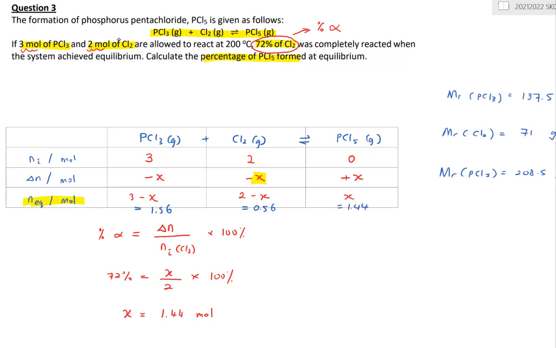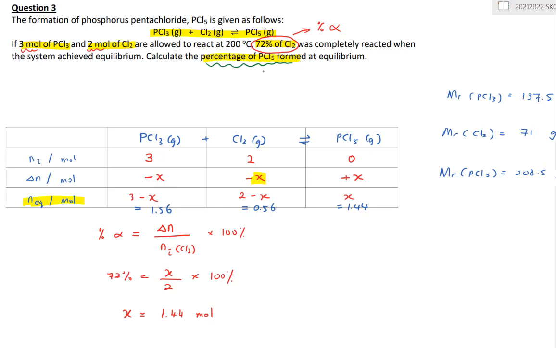Alright, so come to our target of the question, to find the percentage of PCl5 formed at equilibrium. So if you still remember from chapter 1, if you want to find the percentage of a species formed, you need to figure out the mass.